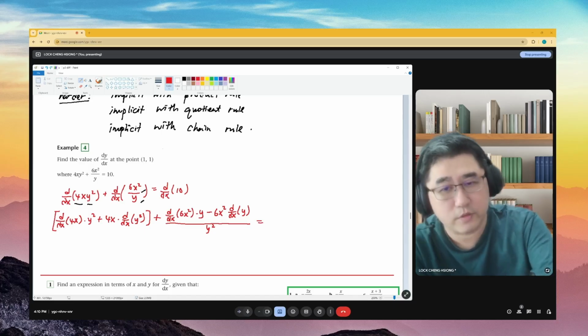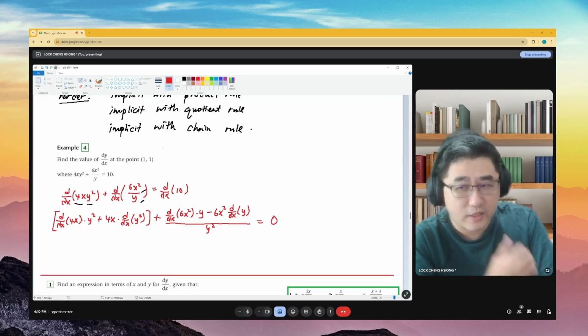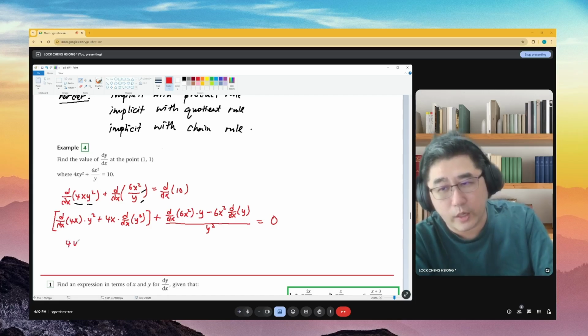Equals 0, not 10, 0. So I start differentiating. d/dx of 4x, so I have a 4, y squared. Then I have a 4x. This is d/dx of y squared, so I should make them the same alphabet, 2y, and dy/dx here.